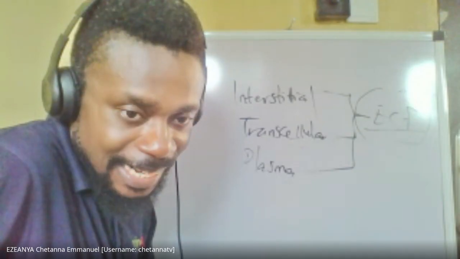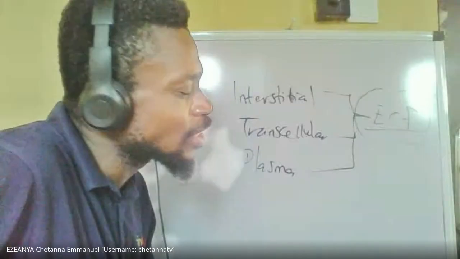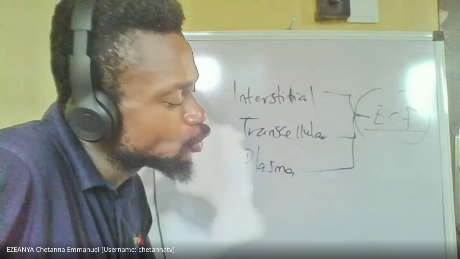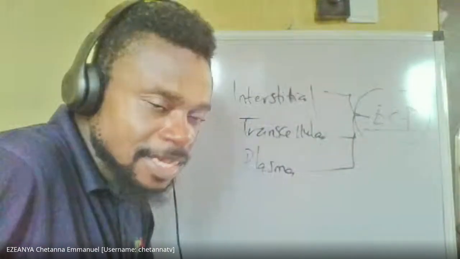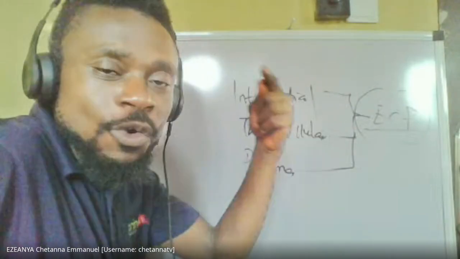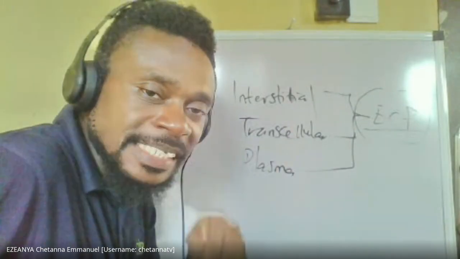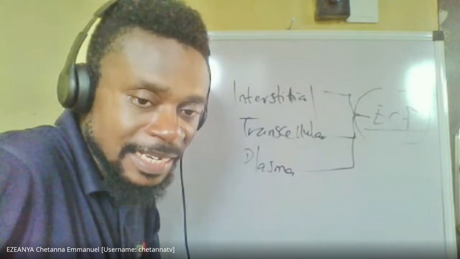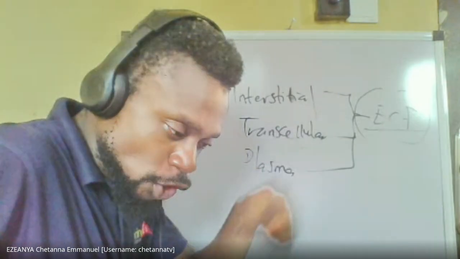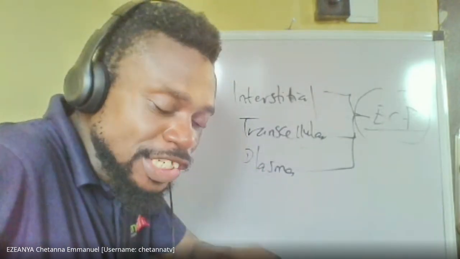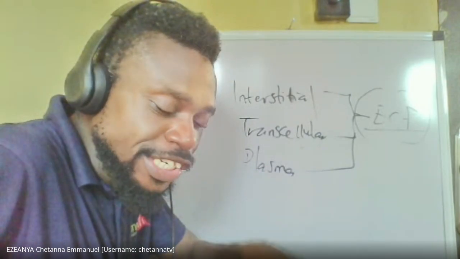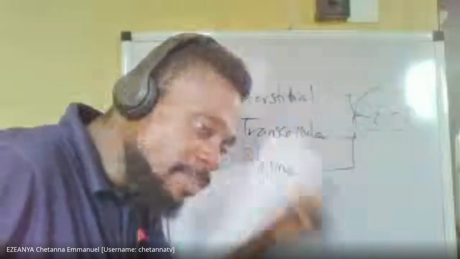Is that clear? Yes, sir. So it's very important for the exchange of nutrients between blood and cells. At the same time, the waste product of metabolism leaves the cell, and it's also important in exchanging this waste product of metabolism from cells into the blood.